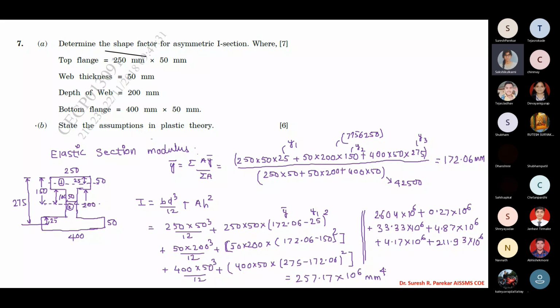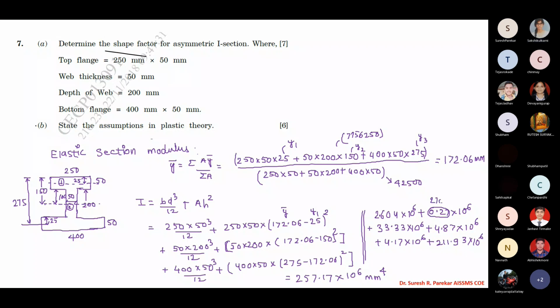The second term, 0.027 into 10 raised to 6 it comes, I think.